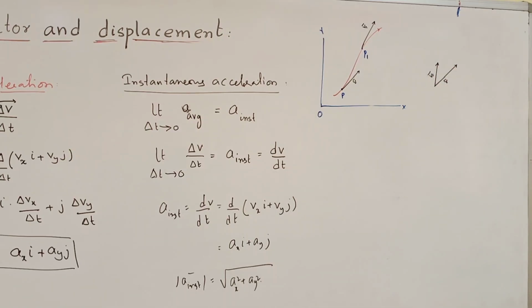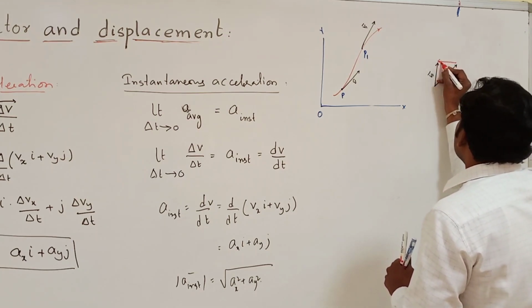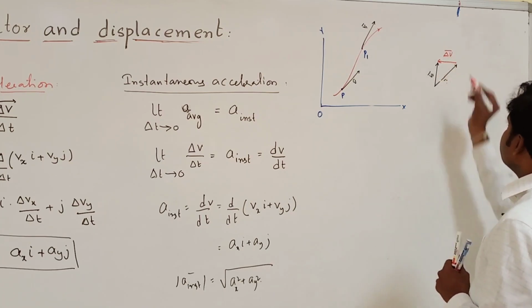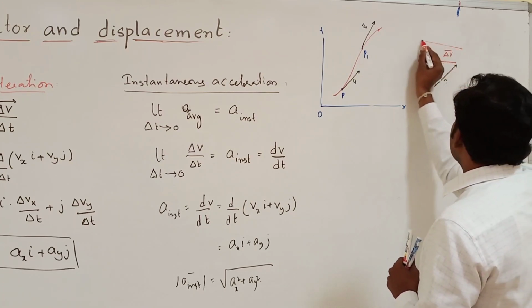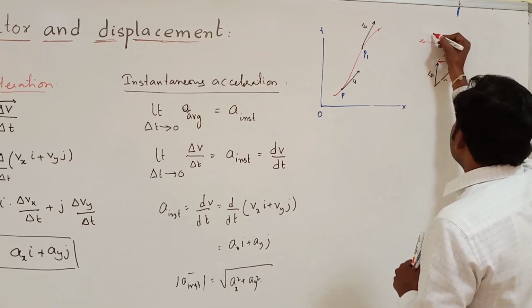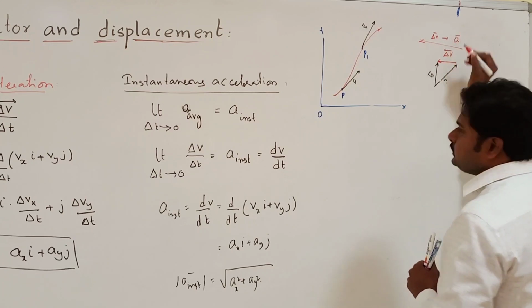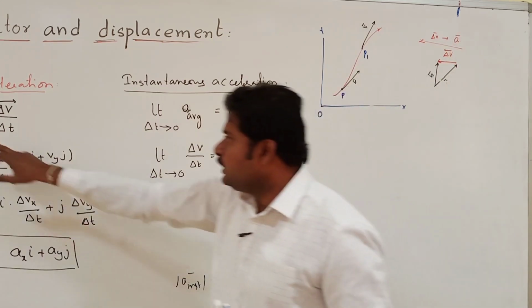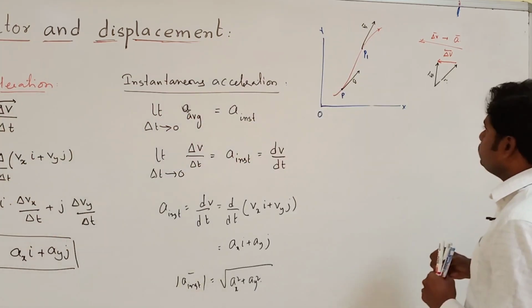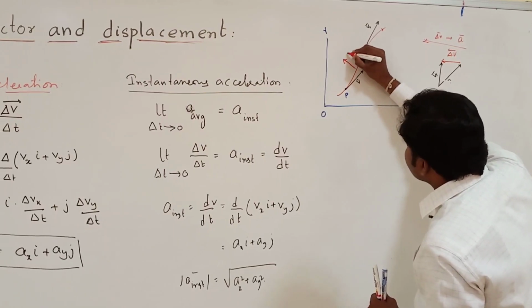Now joining them gives delta V, in the delta V direction. So this is the delta V vector. The delta V direction is equivalent to the acceleration direction. The average delta V direction is that of the average acceleration direction. This is the acceleration direction.